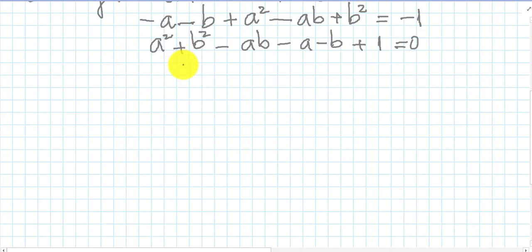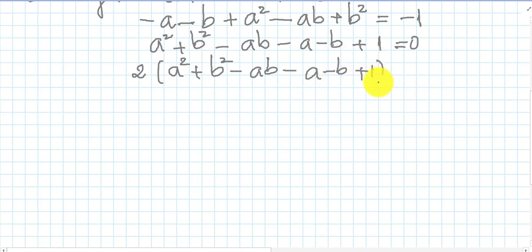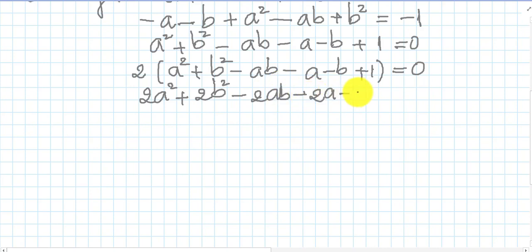And then I multiply both sides of this equation with 2. You can write 2 times (a squared plus b squared minus ab minus a minus b plus 1) equal 0, and we get 2a squared plus 2b squared minus 2ab minus 2a minus 2b plus 2 equal 0.